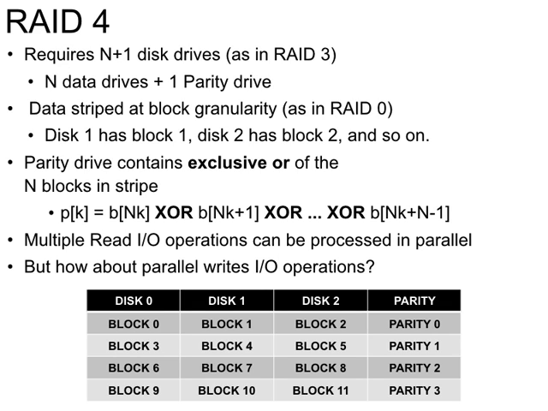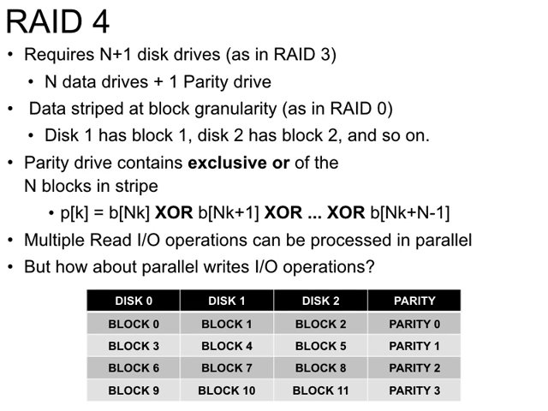The parity information has to be committed to this same disk. As a result, you do not have write parallelism. A write operation cannot complete until the parity information has been written to the parity disk. So you can have read parallelism of up to n, but you can only perform one write operation at a time because of the bottleneck in the parity disk.